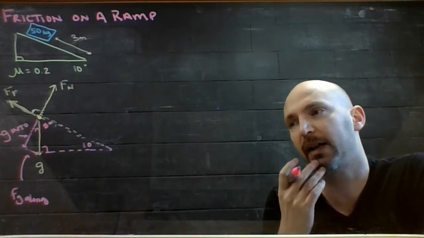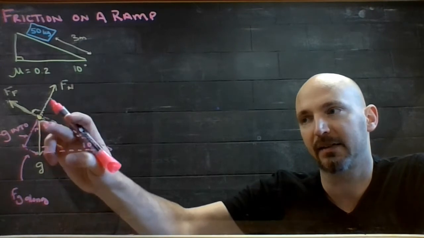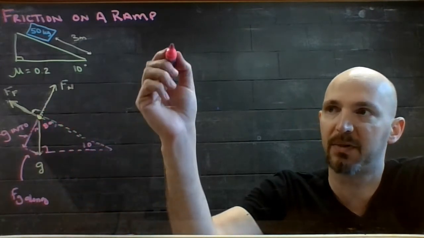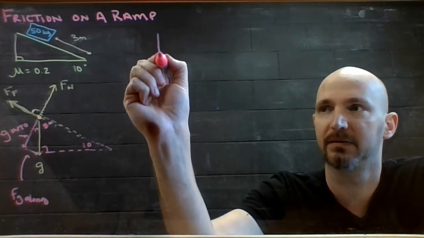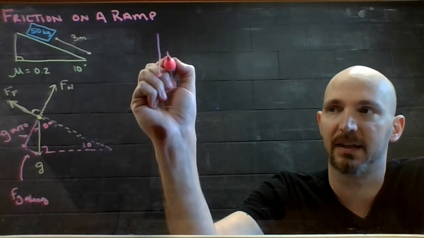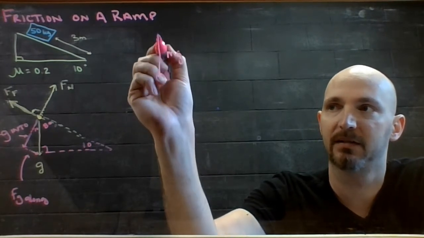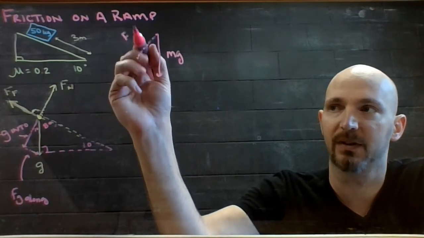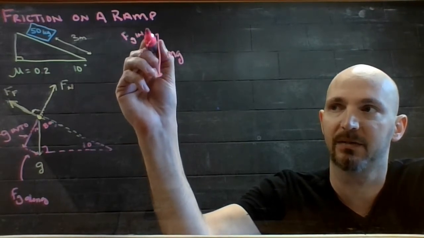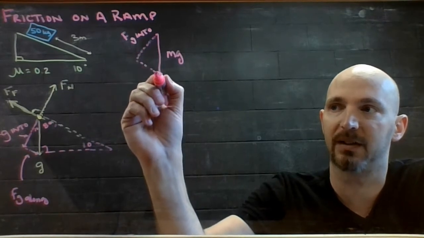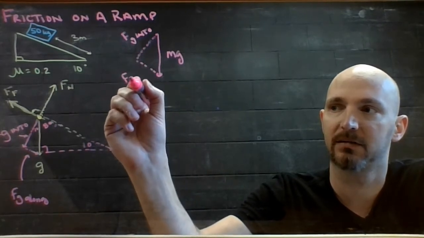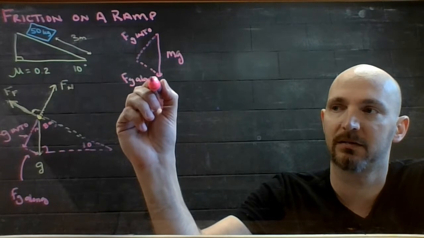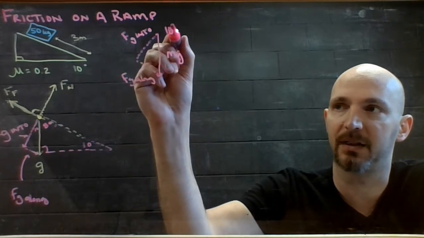And so if I look at this, this, and this, I can rebuild a smaller triangle. This was the force of gravity. I had my force of gravity into, and force of gravity along, with a 10-degree angle up here.